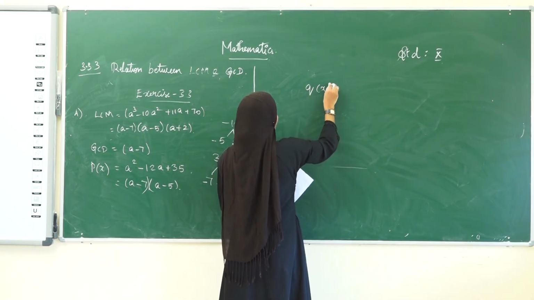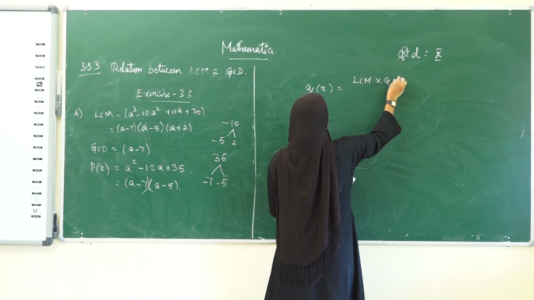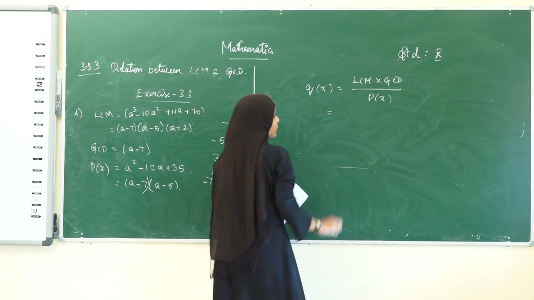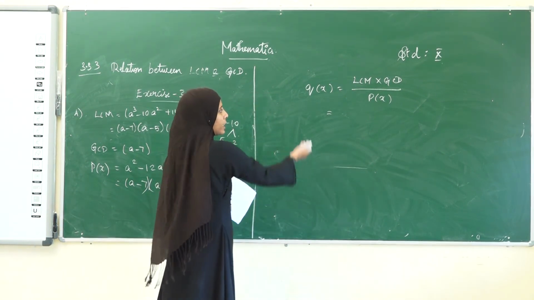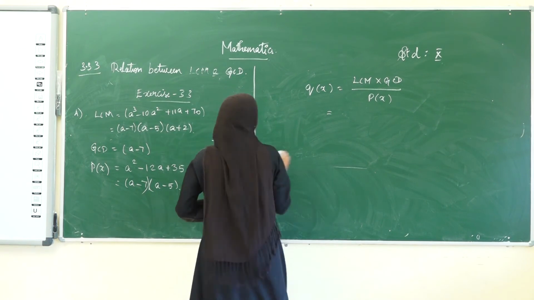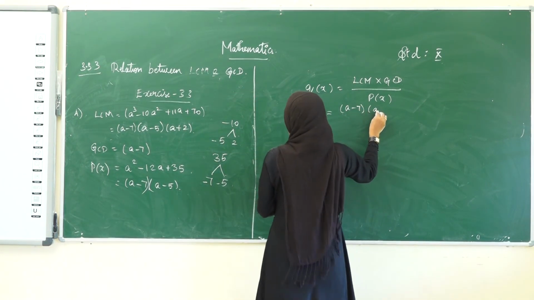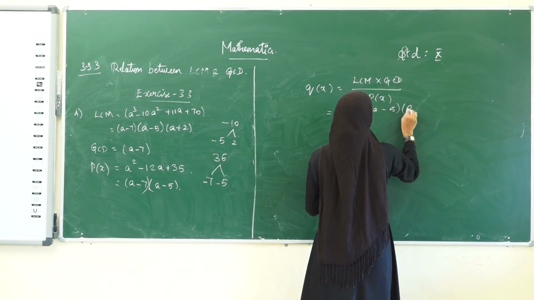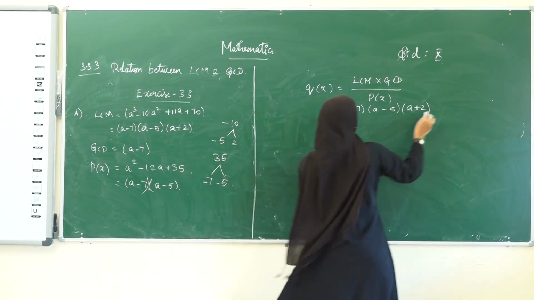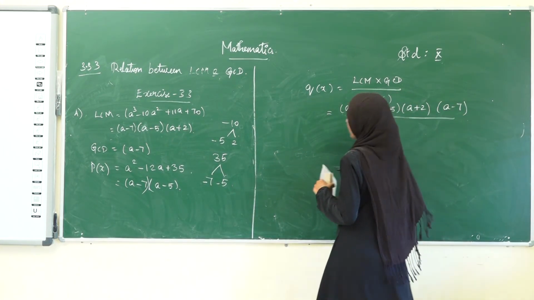q(x) will be equal to LCM into GCD divided by p(x). We are going to substitute the values, then we will find the polynomial q(x). What's the value? LCM we have found as (a − 7)(a − 5)(a + 2). What's the value of GCD? (a − 7). See, what's the value of the polynomial p(x)?